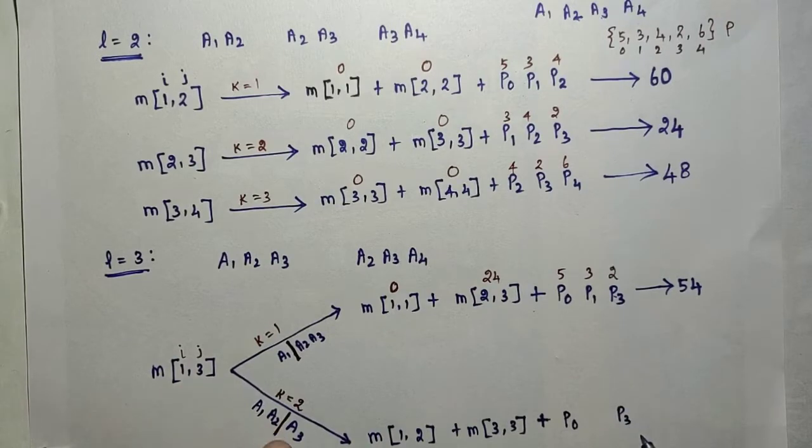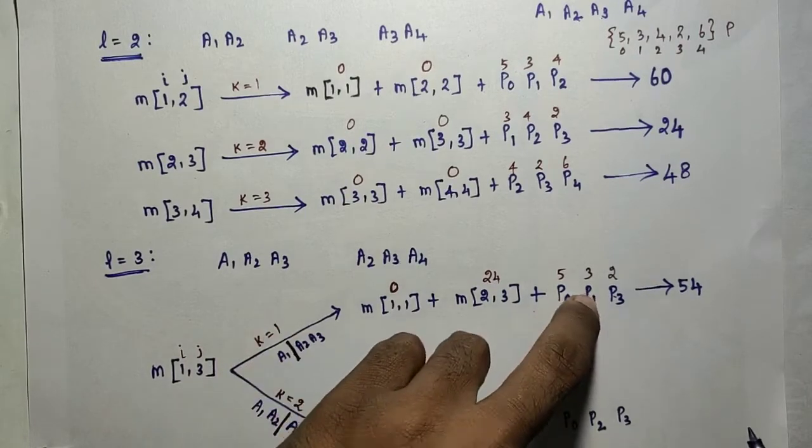Now the cut position is K equal to 2, so P2. Here P1 was in the middle, here P2 is in the middle.